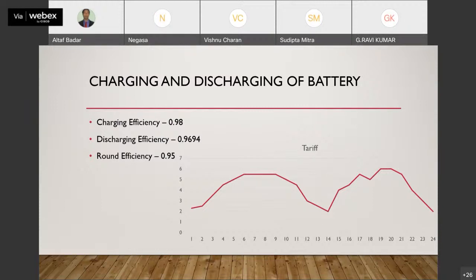So basically, the tariff will now not be calculated based on how many units you are consuming, but instead on when you are consuming it. If you are consuming it in the evening, you will be charged more. If you are consuming it during the morning hours, 7, 8, something, you will be charged around 5.5 or something like that.